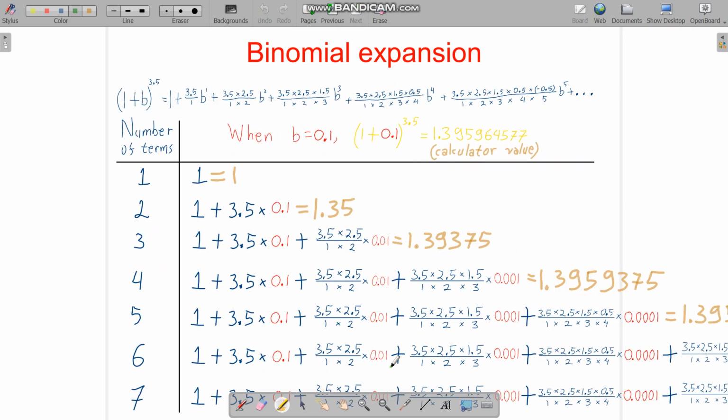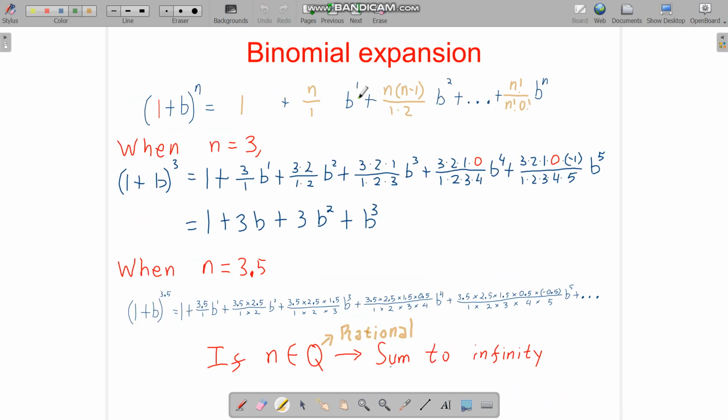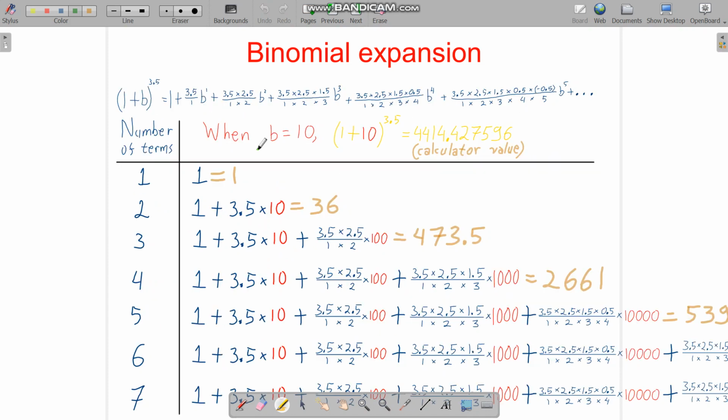So now from (1 plus b) to the power of 3.5, this is what we get, exactly the same thing as this line here. Now when b equals 10, so of course 10 is bigger than 1, we have (1 plus 10) to the power of 3.5, and if we use a calculator, we get this.